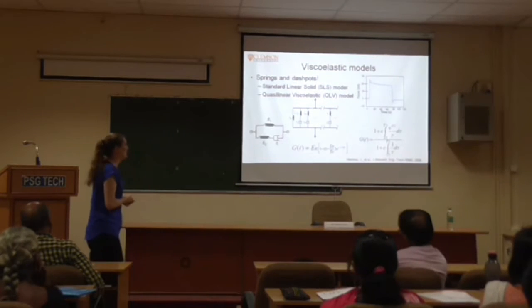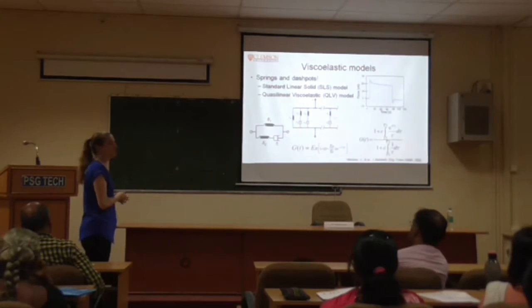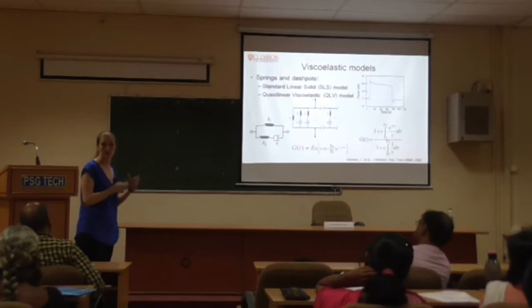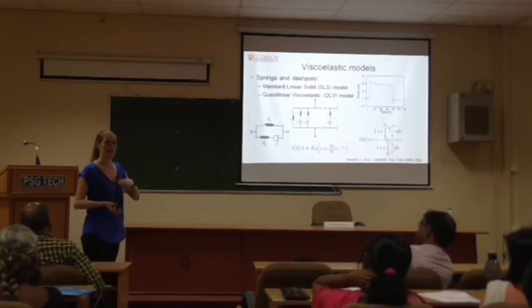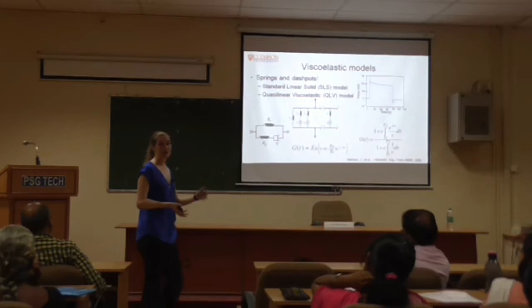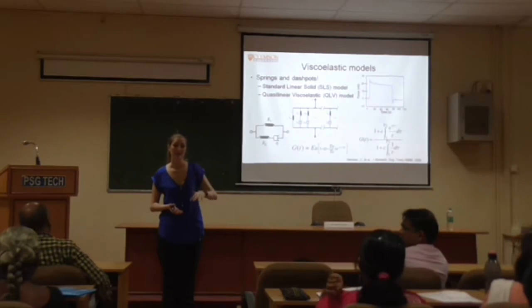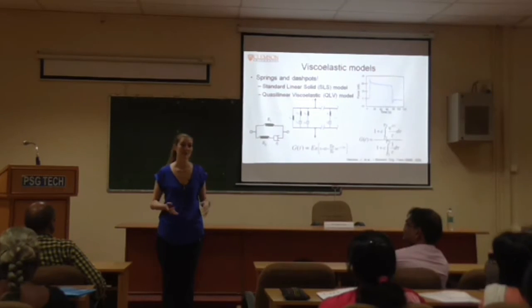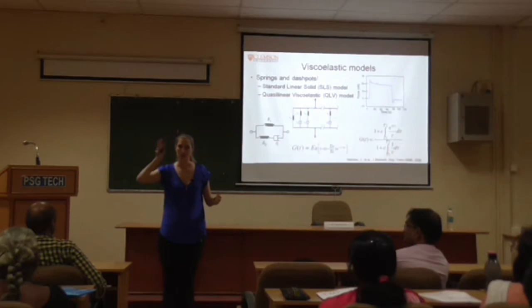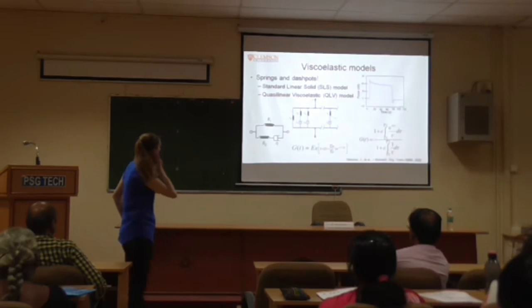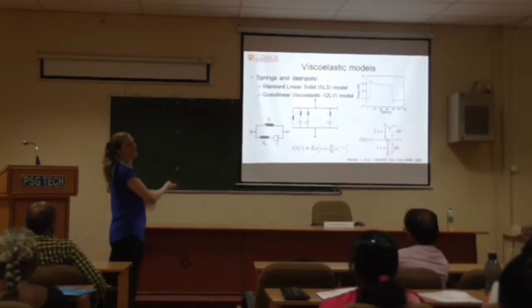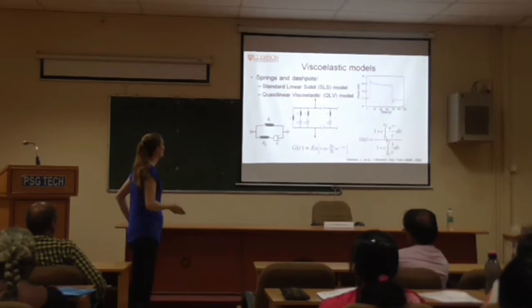Because I did it at 1 micron per second, and the response of these dash pots depends on how fast I indent. In actuality, if I do the experiment and I indent the cells at different speeds, I will get different looking curves. If you want, you can get fancy and do something like that.